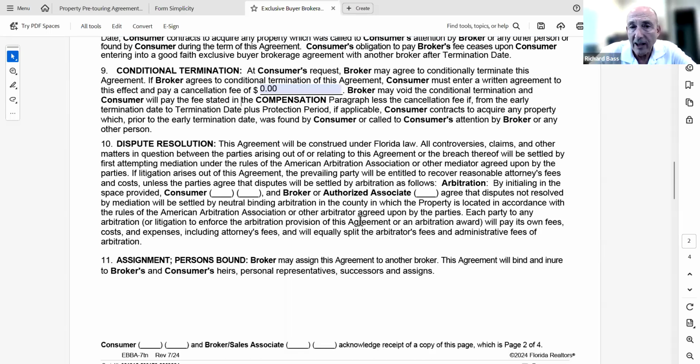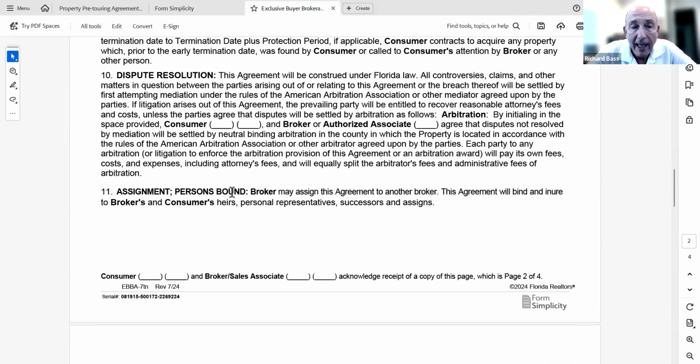Dispute resolution, exactly the same paragraph that we went over before. And assignment persons bound. It means that broker may assign the agreement to another broker, unless I decide to close up an office and take every contract that's out there and assign it to somebody else. That's never coming into effect.